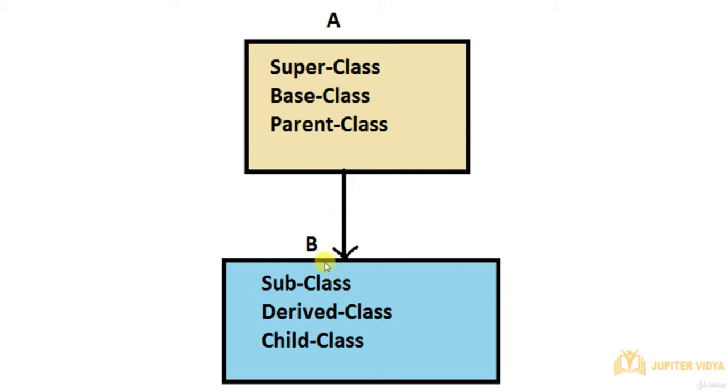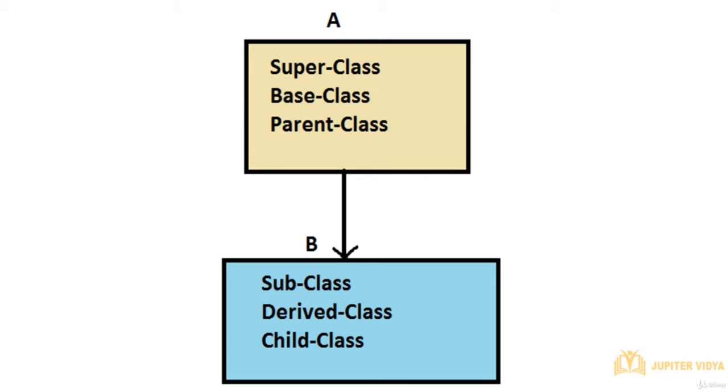And the class which derives and gets the properties is known as subclass or derived class or child class. So you can see here class A. From class A we derive all the properties and features to class B so that we don't have to write it again. So reusability is the basic idea behind inheritance.